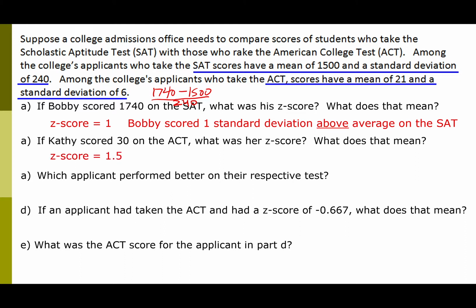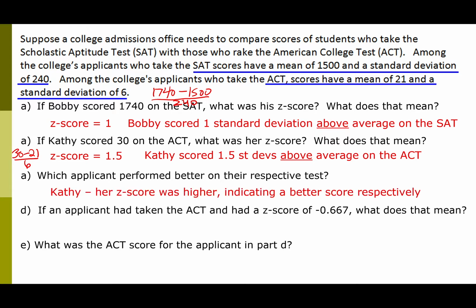Continuing with Kathy, her z-score is going to be 1.5 because it was 30 minus your average of 21 over a standard deviation of 6. That gives me my z-score of 1.5. So she scored 1.5 standard deviations above the average on the ACT. So who really did better? Kathy did better because her z-score was higher, which indicated a better score respectively.